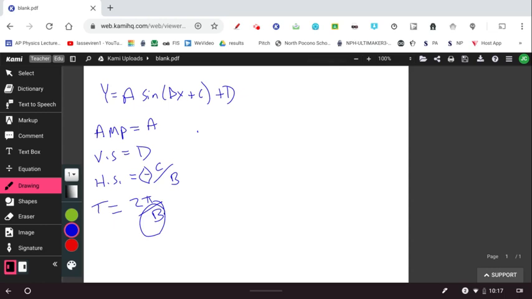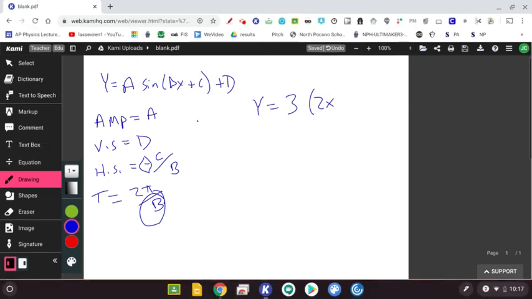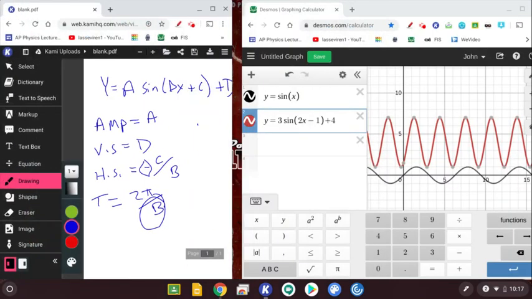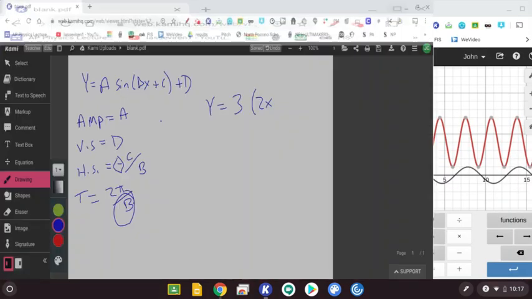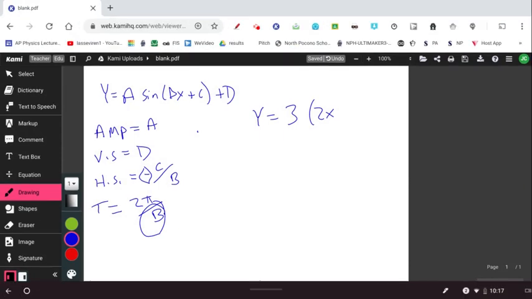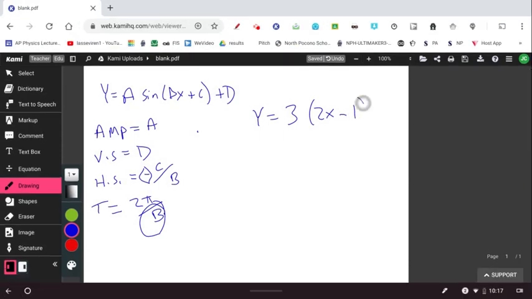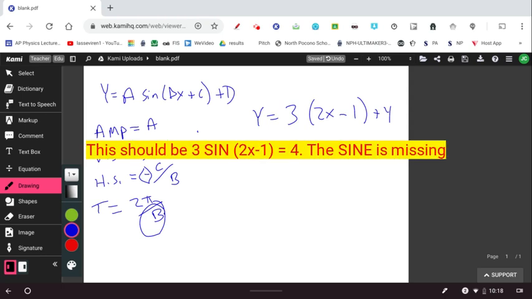So again, let me write the function here. Y is equal to 3 times sine of 2x minus 1, plus 4. And so the amplitude is simply going to be 3.